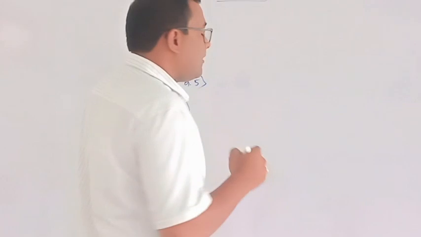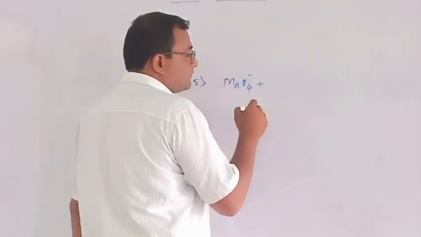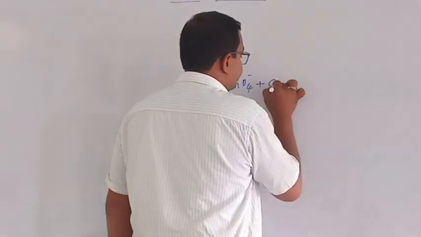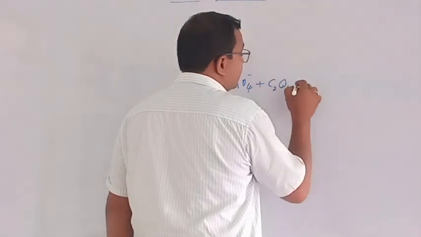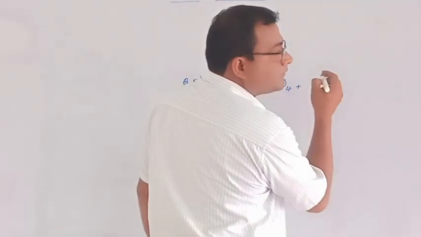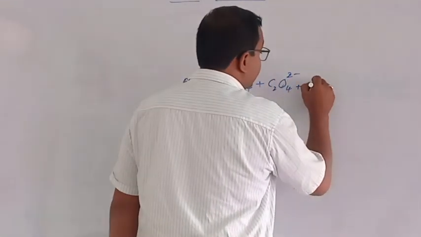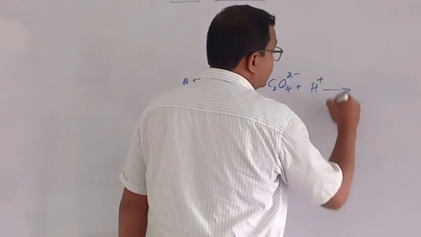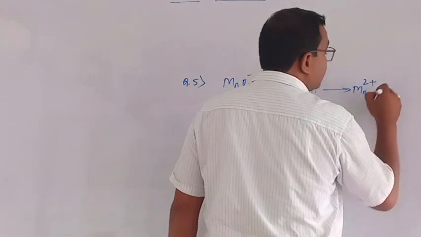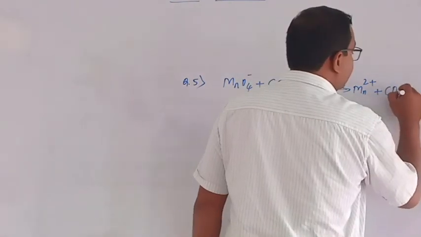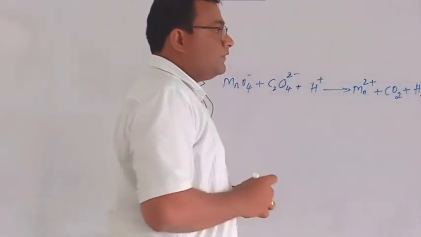Given is MnO4- plus C2O4 2- then comes H+ gives you Mn2+ plus CO2 plus H2O.